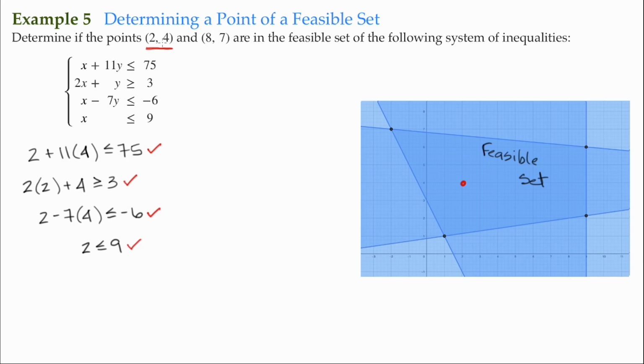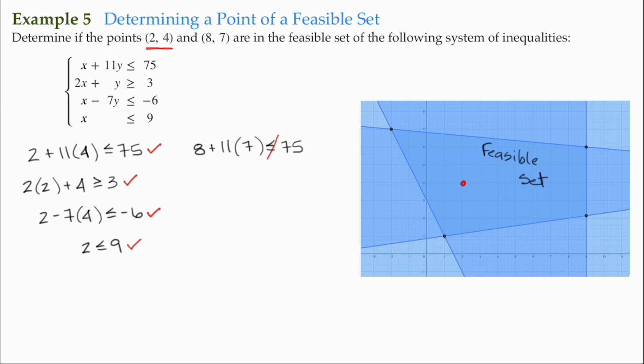We're going to do the same thing. So we're going to do x, which is 8, plus 11y, and y is 7. Is that less than or equal to 75? 11 times 7 is 77. 8 plus 77 is 85, and 85 is not less than or equal to 75.